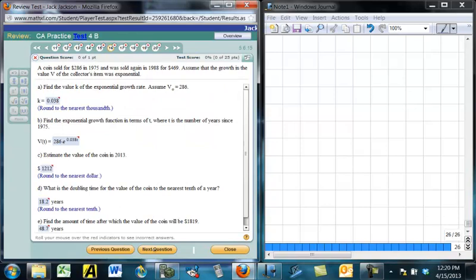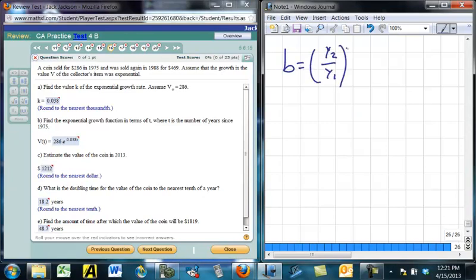Okay, a coin sold for $286 in 1975 was sold again in 1988 for $469. Assume the growth was exponential. I think we did one like this earlier already. We have the value, two x's and two ordered pairs of xy, and so we can use that to find the base if it's exponential. Remember, it's y2 over y1 to the power 1 over delta x. So y2 is 469, y1 is 286, and it's 1 over 1988 minus 1975.